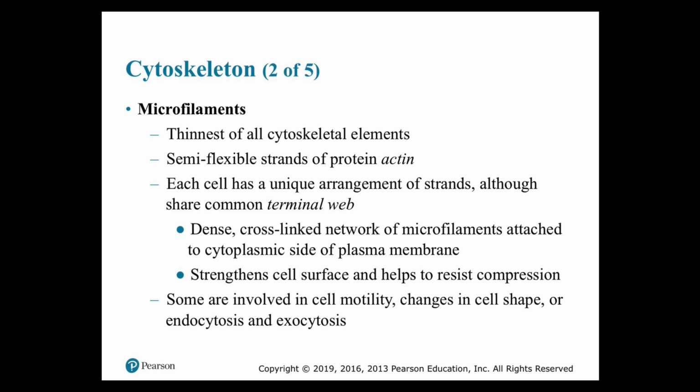Some are also involved in cell motility, so the movement of the cell. For example, if you think about macrophages, so types of white blood cells that have pseudopods and move around. Also changes in cell shape or in the process of endocytosis and exocytosis.